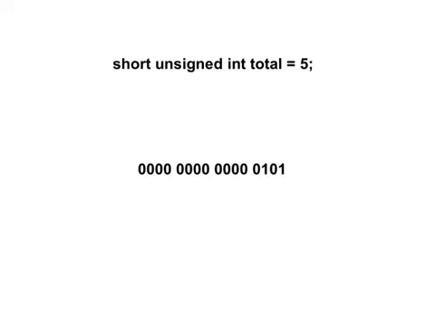If we assume that this variable would take up 2 bytes, then it would look like this in memory. Now, notice all of the unused space. Because 2 bytes can hold up to 65,536 values, there is a lot of wasted space.